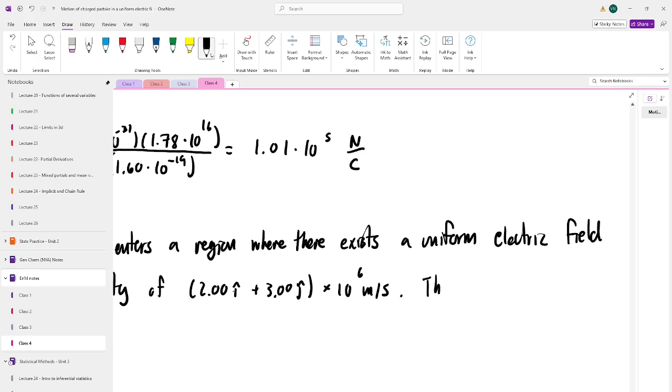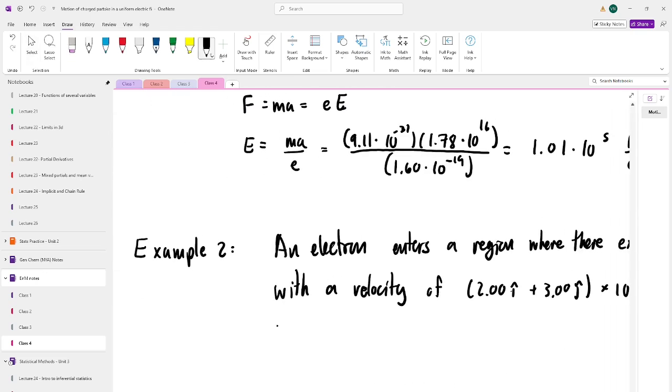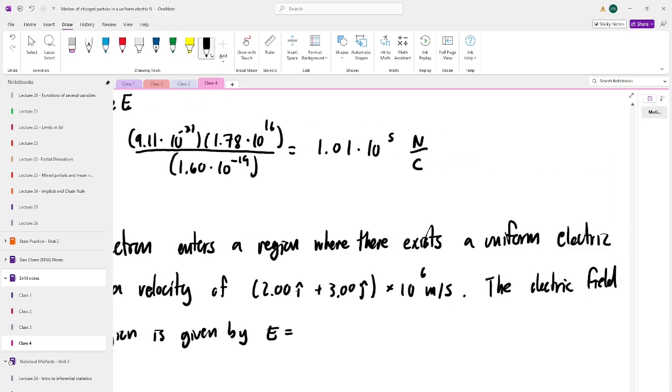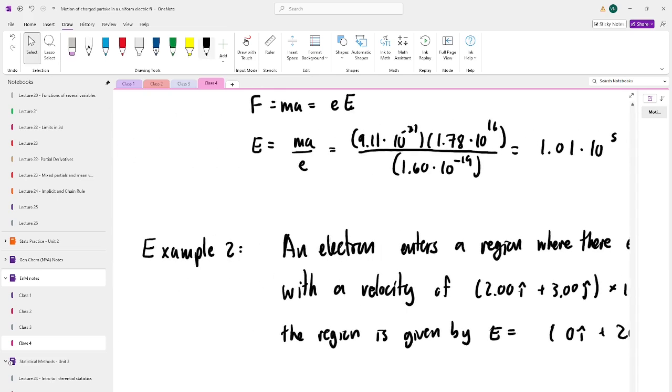They tell us that the electric field in the region is given by E equals 0 i plus 200 j newtons per coulomb.